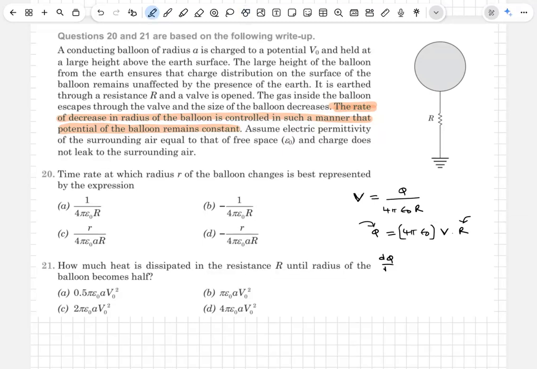So dq by dt is equal to 4 pi epsilon naught V dr by dt. Remember, dr by dt is negative. So minus dq by dt is equal to 4 pi epsilon naught V times minus dr by dt. This is equation 1.